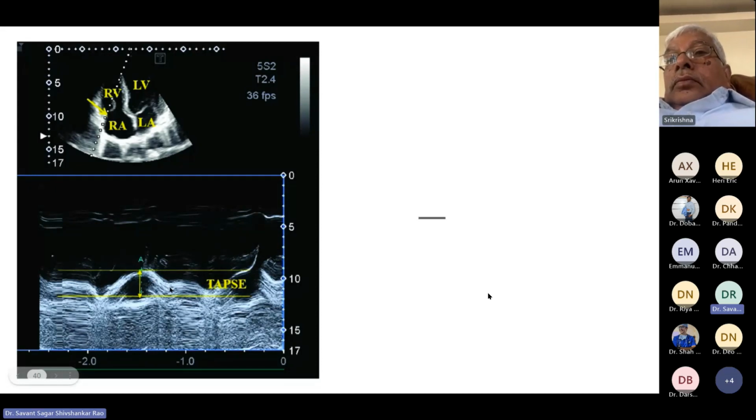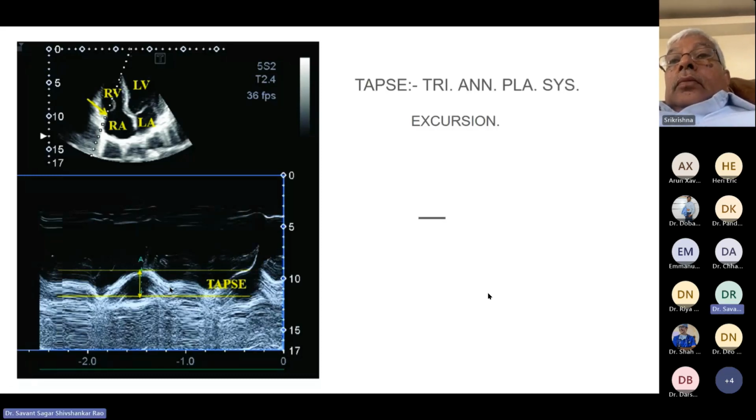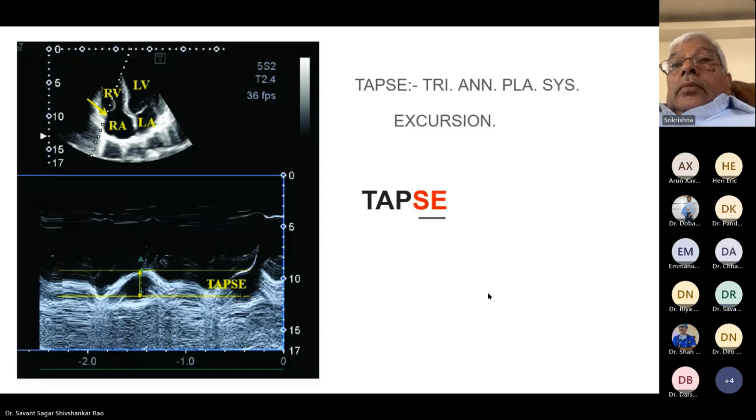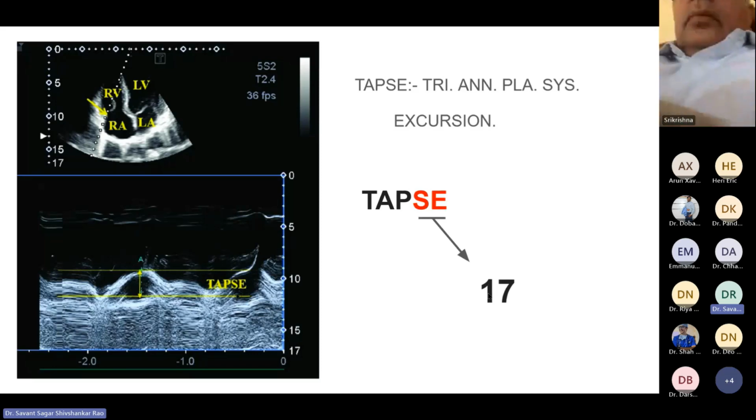That is the tricuspid annular plane systolic excursion, TAPSE. Just as a reminder, anything more than 17 is considered normal. Less than that, there is reduced RV function.